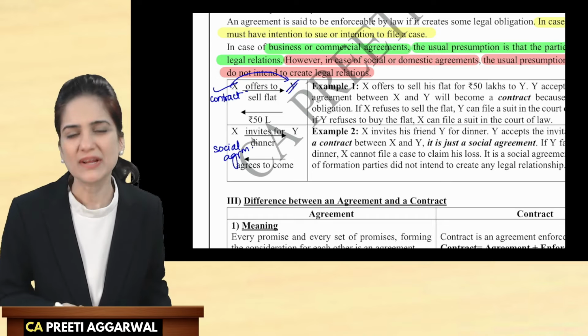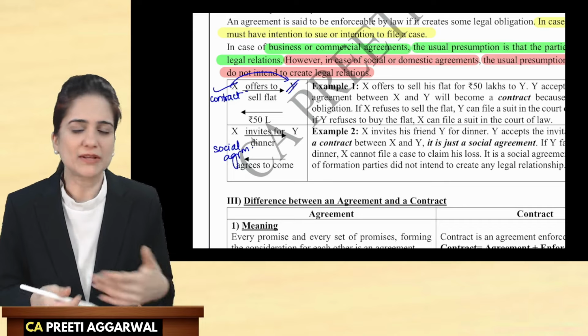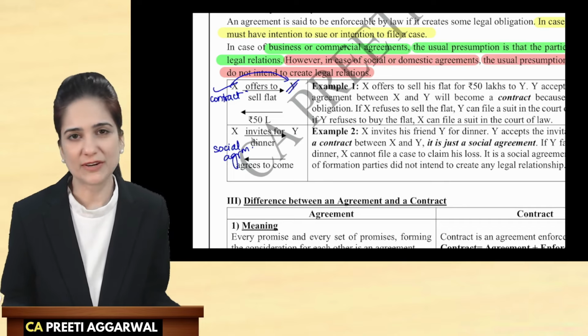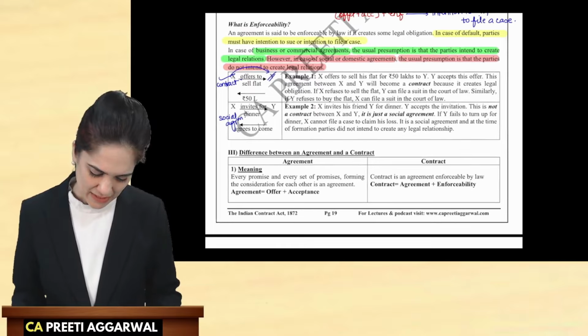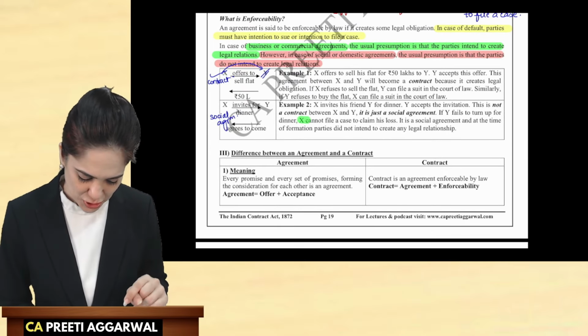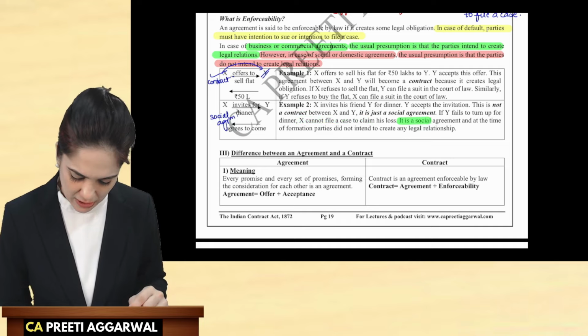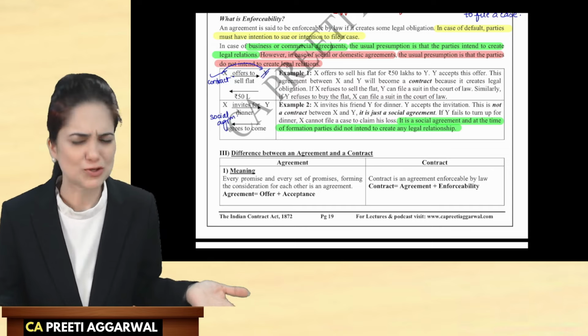Parties have not expressly agreed, so we presume that they do not intend to create any legal relation. There is no enforceability. At the time of formation, parties did not intend to create legal relation, hence they cannot file a case. It's not a contract.